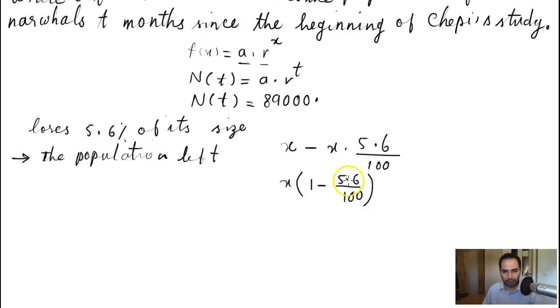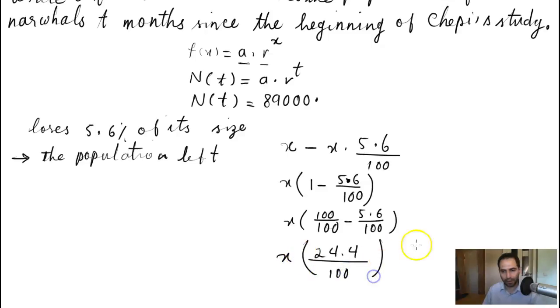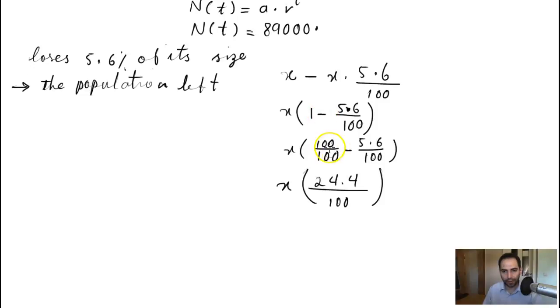I can write this as 100 by 100 minus 5.6 divided by 100. So it becomes 24.4 divided by 100 x.